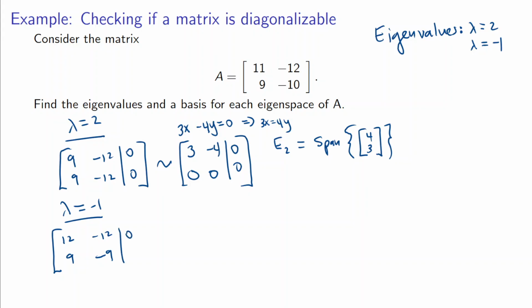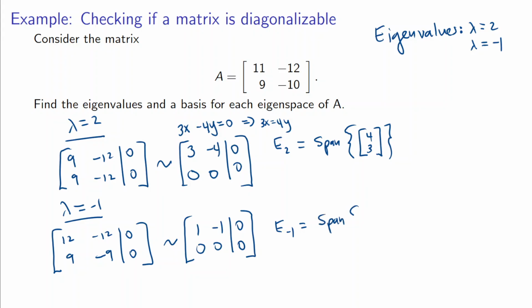I'm going to augment that with the 0 vector again to find the null space. We could row reduce this to 1, negative 1, and then 0, and then 0, 0, 0. So E sub negative 1 will be the span of just the vector 1, 1, working this out in a similar way that we did before.